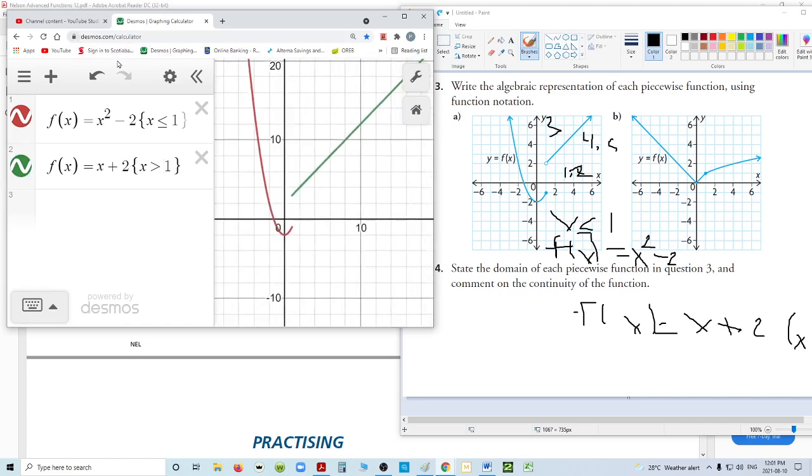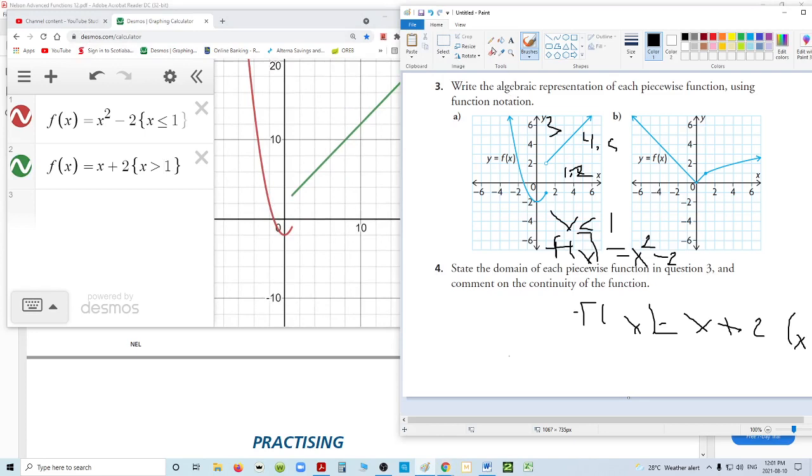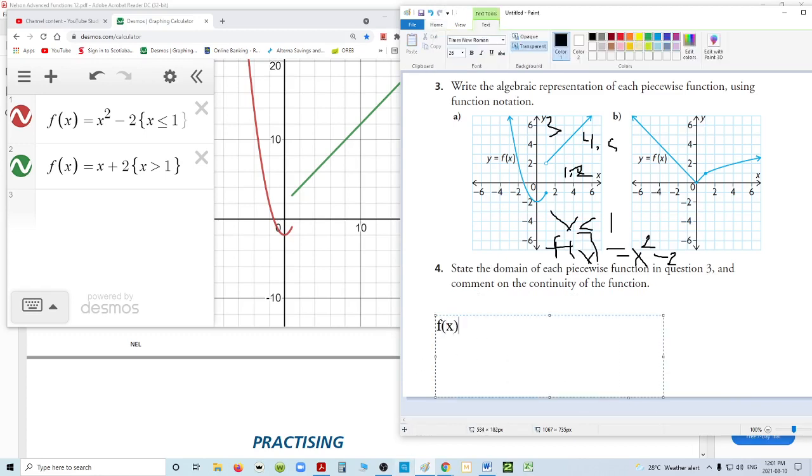And if I'm going to put it in proper notation over here, it's going to be something like this. It's going to be f of x is equal to x squared, and sorry about that, I'll just leave it blank for now, minus 2, comma, when x is smaller or equal to 1.